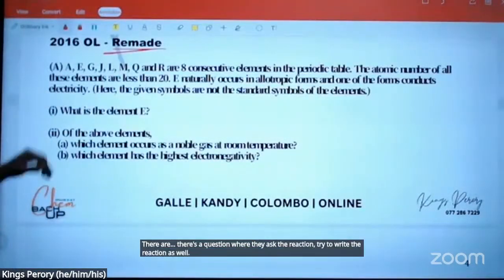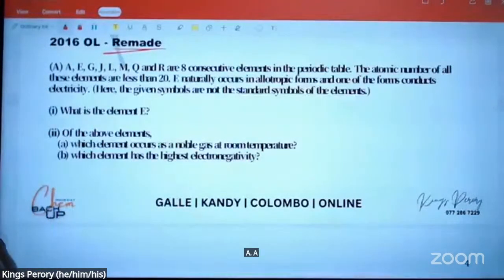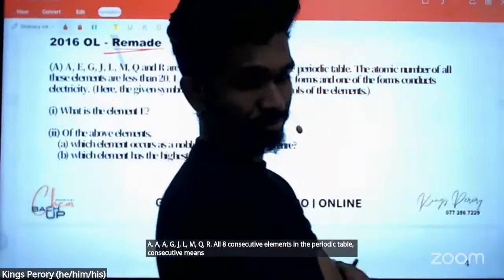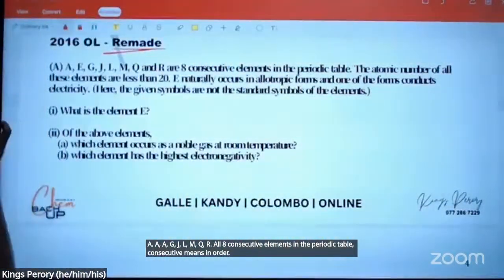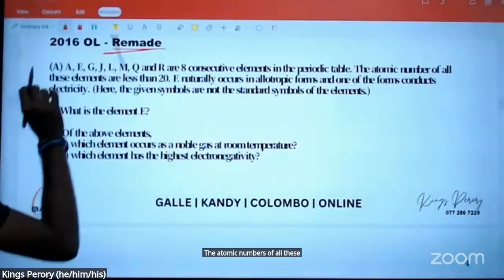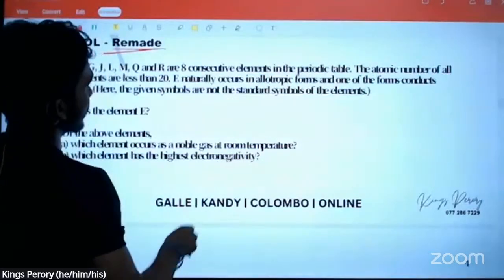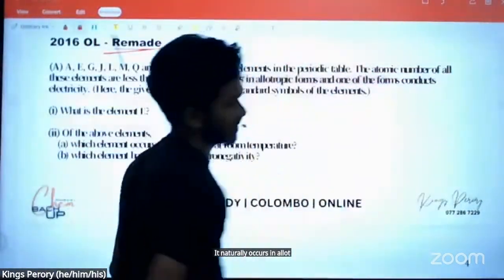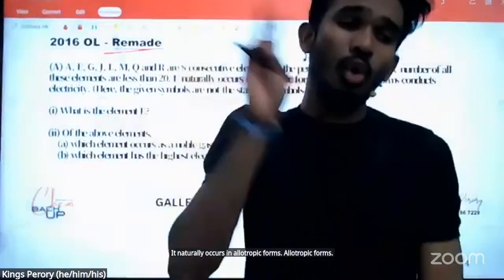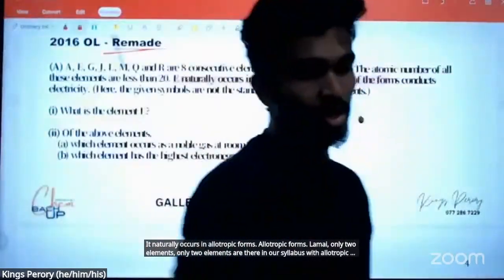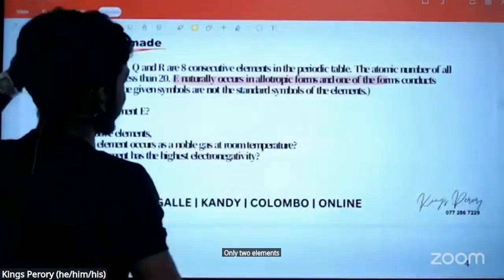A, E, G, J, L, M, Q, R are 8 consecutive elements in the periodic table. Consecutive means in order. The atomic numbers of all these elements are less than 20. E naturally occurs in allotropic forms. Only two elements are there in our syllabus with allotropic forms.